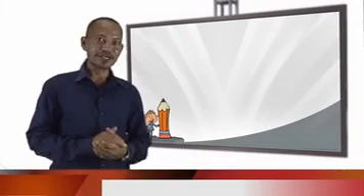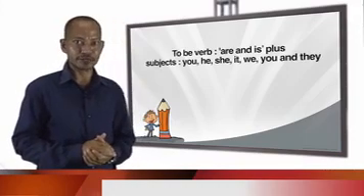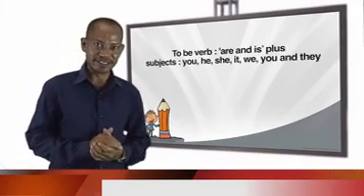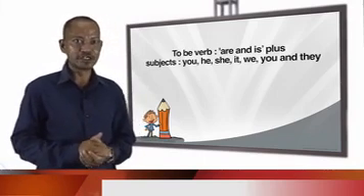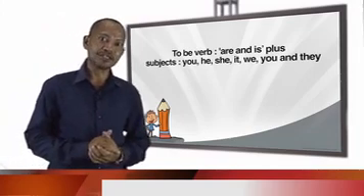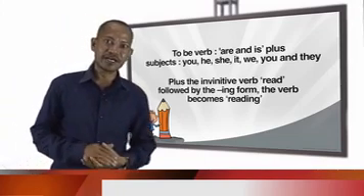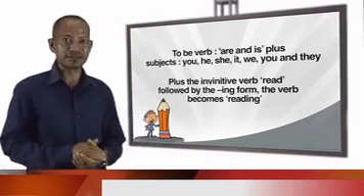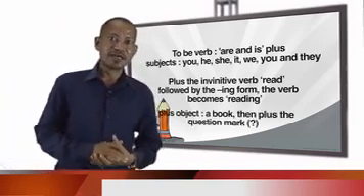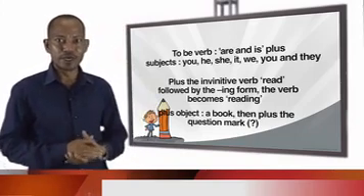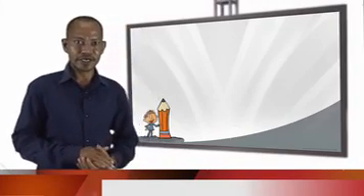The same thing also applies to the questions with the to be verbs followed by the rest of the subjects, where the to be verb in this case is are and is, followed by the subject you, he, she, it, we, you and they, again plus the base form of the verb read, then followed by the ing form to make the verb become reading, plus a book, in this case the object, and then plus the question mark, where in full, as suggested by the formula, the questions are the following.